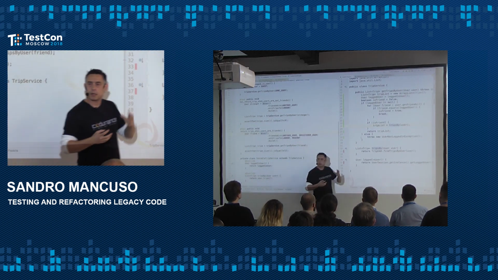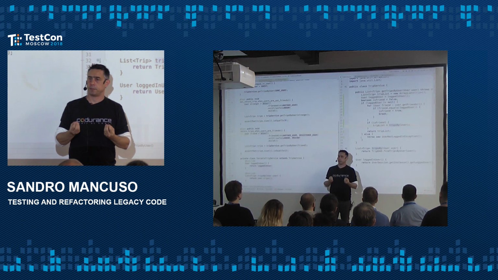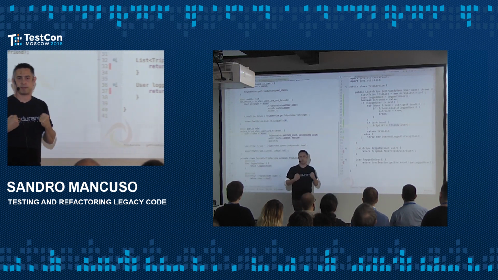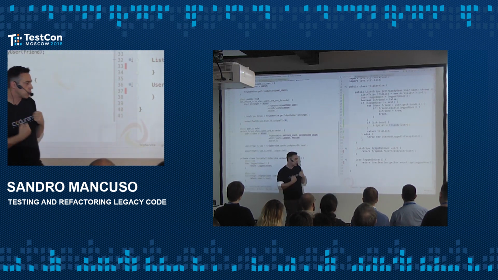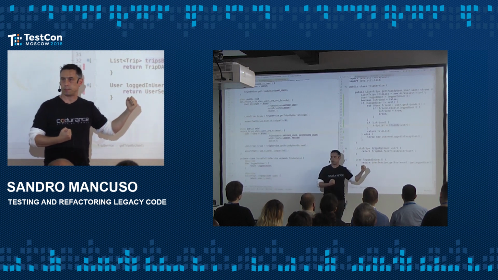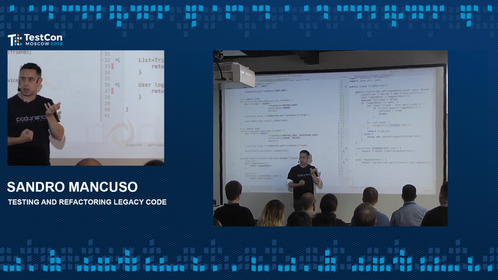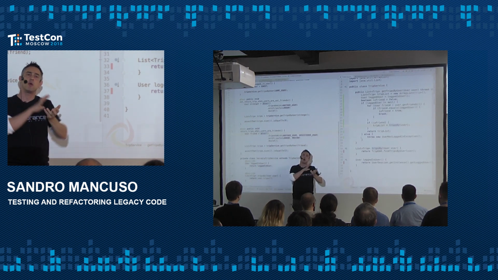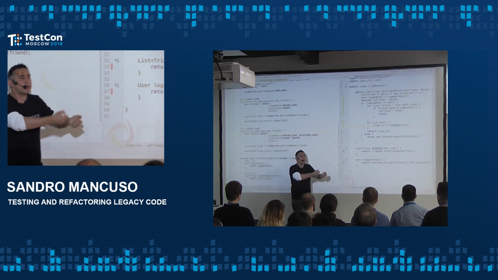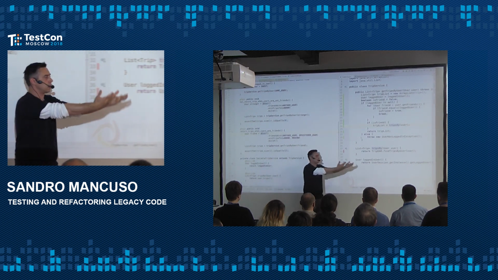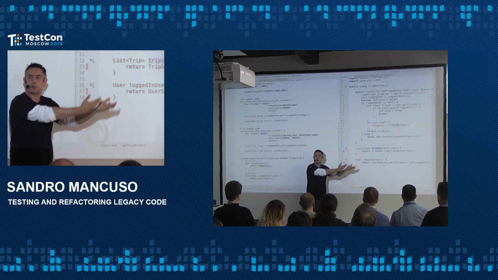So in here, this is what is called a feature envy. We have a class called trip service. The trip service goes to another class that's called user and says, hey user, give me a list of your friends. And I'm going to do an operation that is only related to that data. So in this case, the trip service envies the user. It wants to be the user.